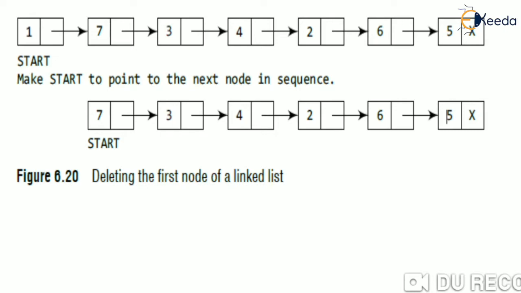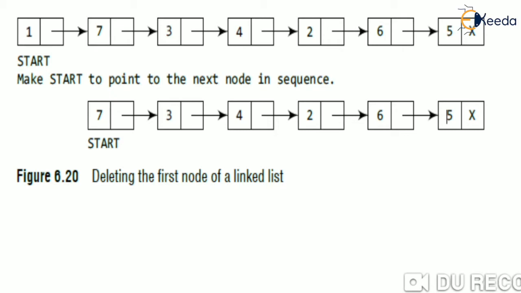So if we want to consider the algorithm in this case, in which manner are we writing it? See here, just understand that it is: set start is equal to start next, means start points to the next element address.